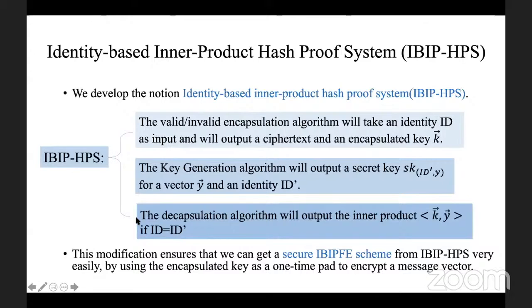The decapsulation algorithm will output the inner product value of vector K and vector Y only if ID is equal to ID prime. This modification ensures that we can get a secure IBIPFE scheme from such an IBIP-HPS scheme very easily, by using the encapsulated key as a one-time pad to encrypt a message vector.